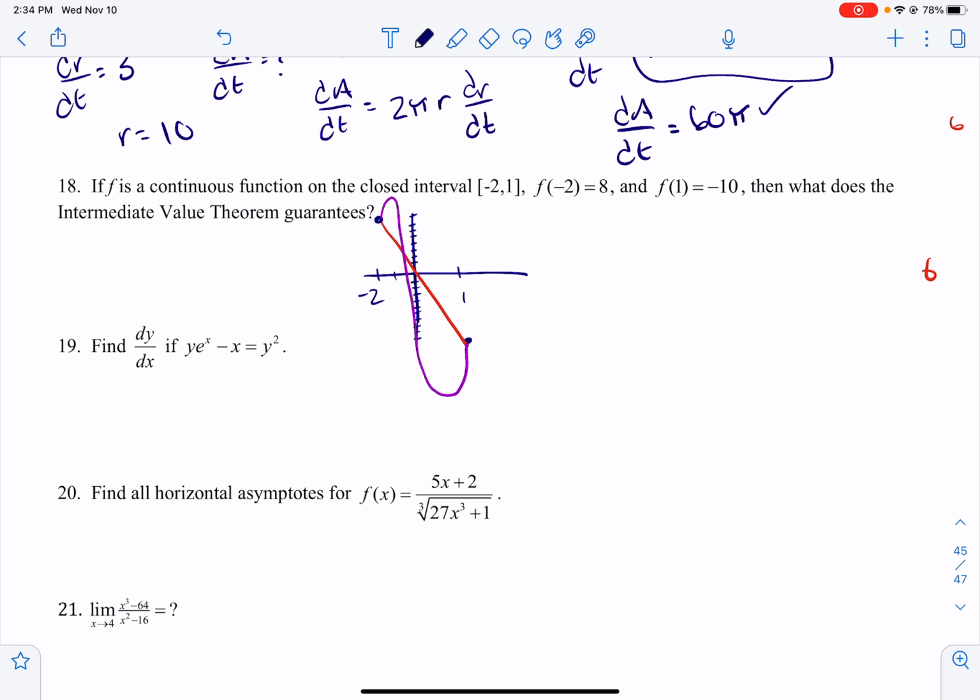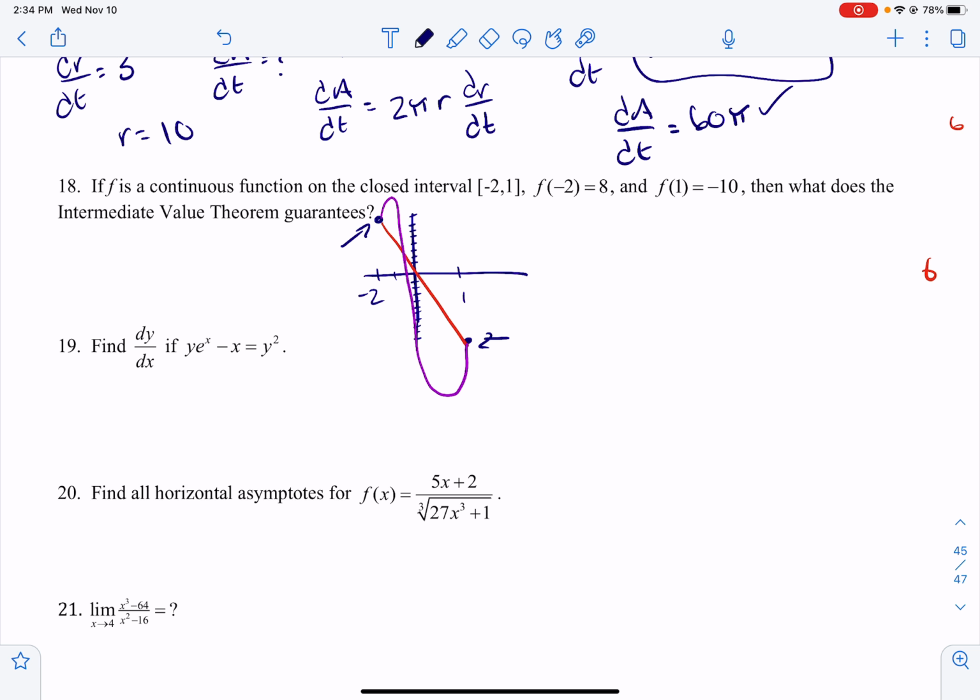Remember, the intermediate value theorem tells us that if I have a continuous function and I have a y value right here and a y value right here, then it guarantees that there is at least one y value in the middle of those 2 y values that an x gives you.